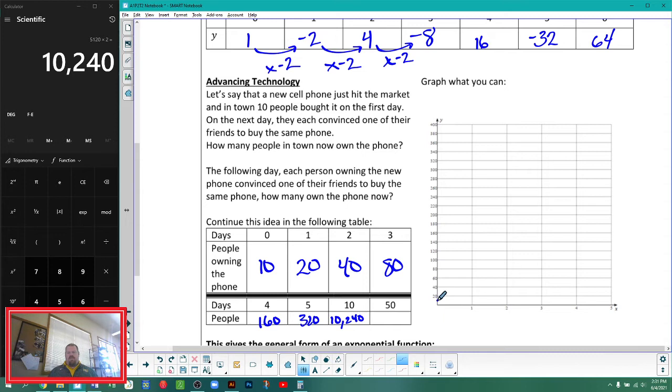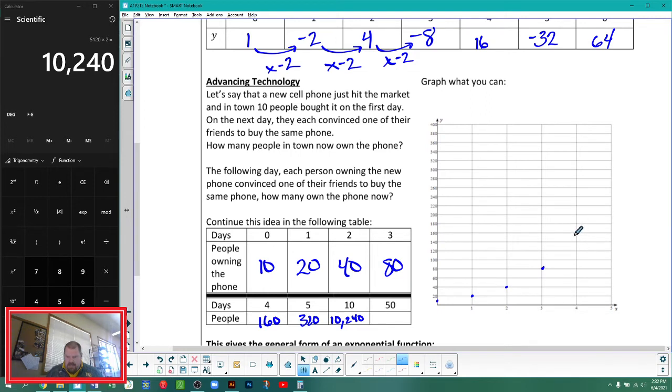On day 0, 10 people on the phone. Day 1, 20 people on it. Day 2, we have 40 people, and then day 3, 80 people, and then day 4, 160 people.